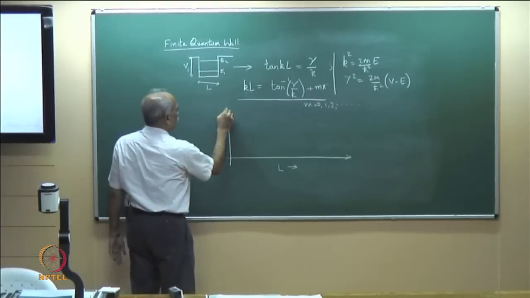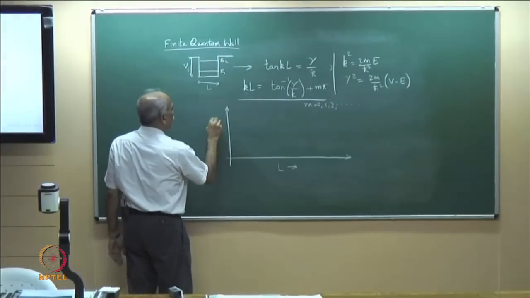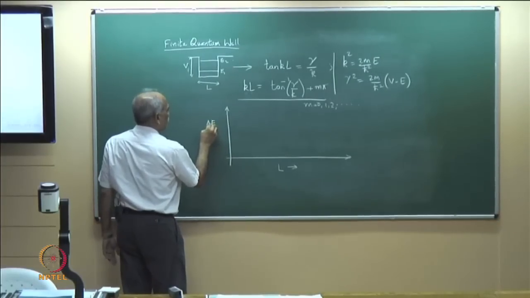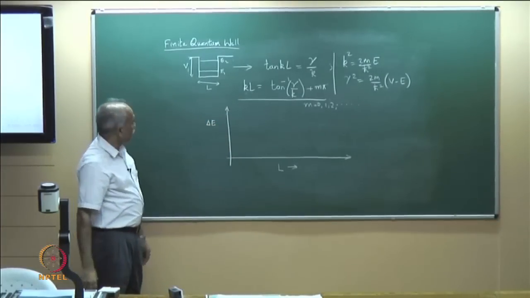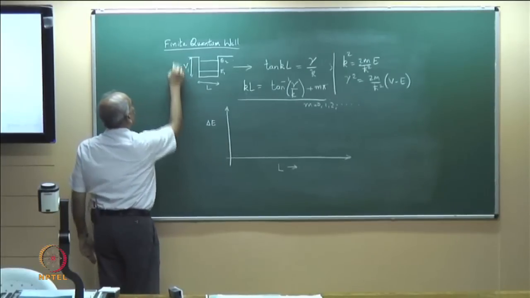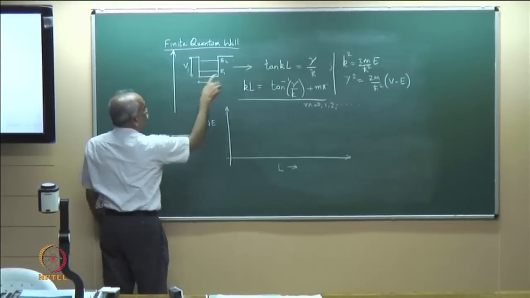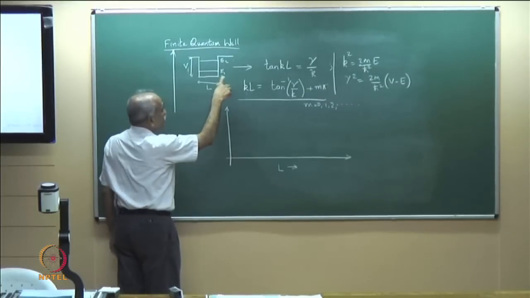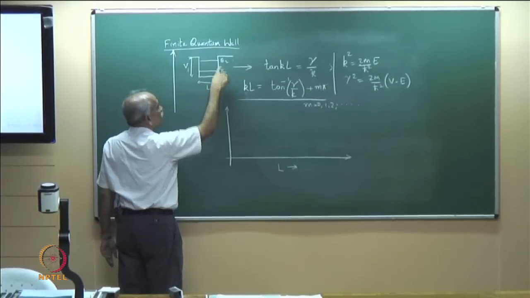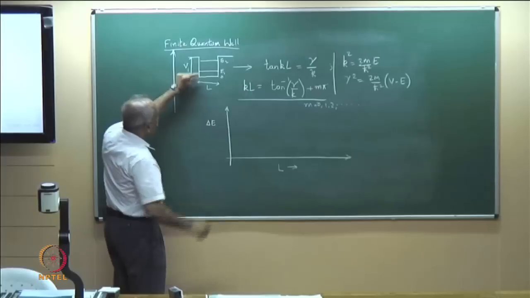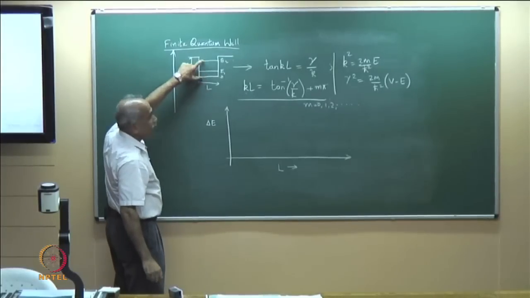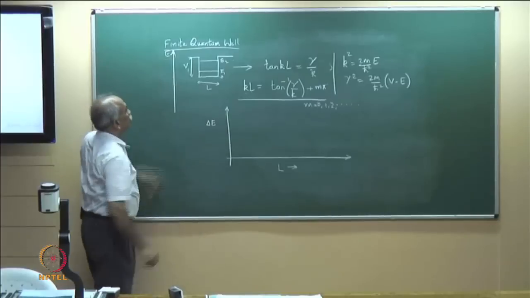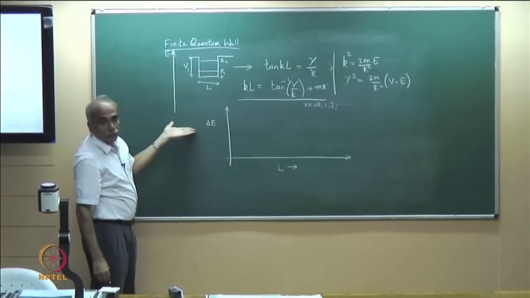If you plot this value E, I actually want to use the notation delta E, because E is the total energy axis. Now, this E1 is with respect to this, that is, this is 0. With respect to this, this is E1, and with respect to this, this is E2, and therefore, this is actually delta E1 and delta E2. This axis is our total energy E, which has EC, EV and so on.